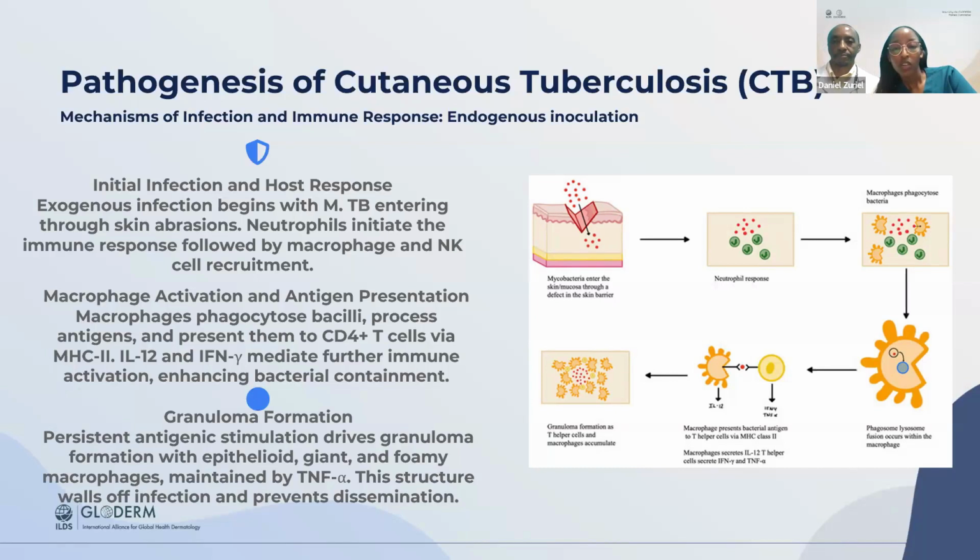And in the periphery of the granuloma, you will have the T lymphocytes. And in the center, you might have a number of inflammatory cells in addition to the bacilli. And the center of the granuloma tends to be solid in nature, but it could liquefy. And when it liquefies, it allows proliferation of the bacilli.